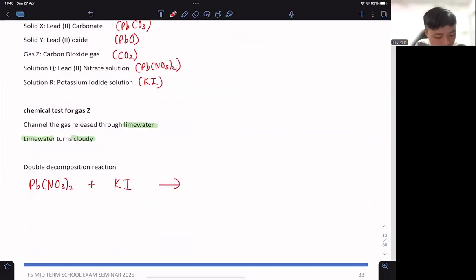You will get lead(II) iodide, PbI2, and KNO3. Pb we find I, K we find NO3. Then balance the equation. NO3 has 2, right? So KNO3 times 2. Now I have 2 I, right? So KI times 2.